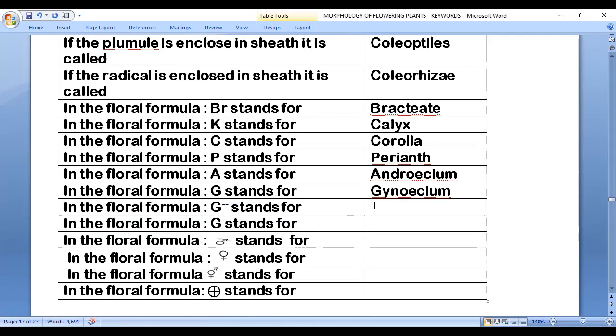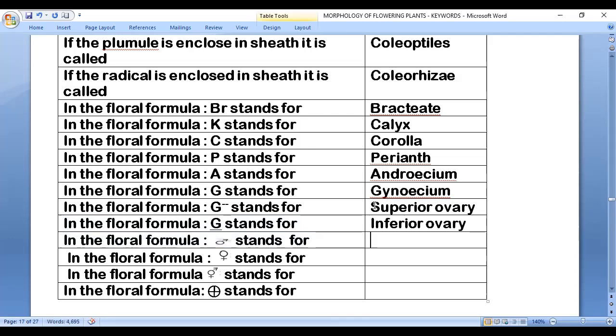A small line below the G indicates a superior ovary. Here, a line above the G stands for inferior ovary.